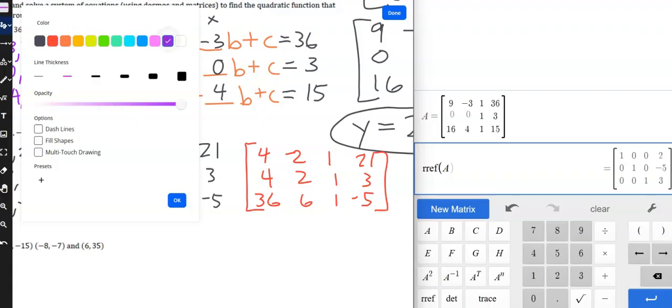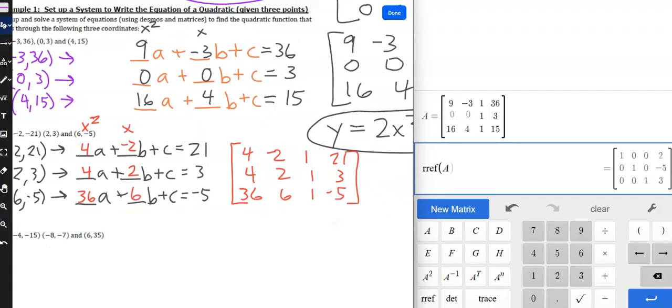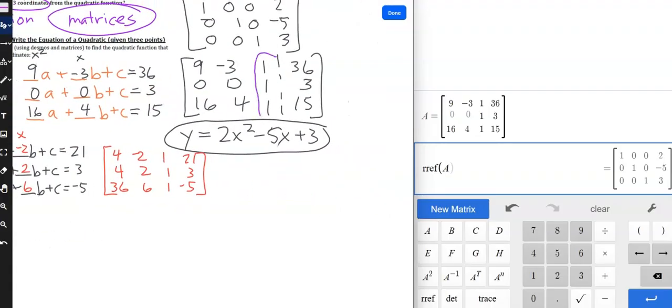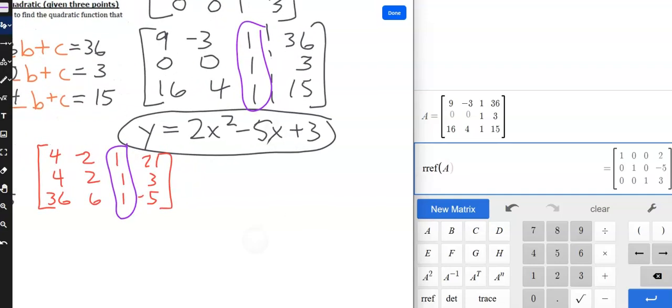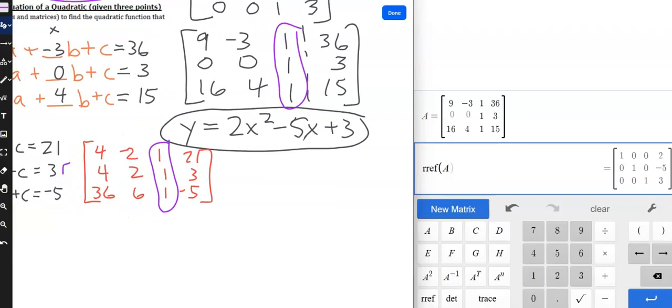Does anybody recognize something going on in this column right here? That's kind of interesting. So now we're going to do the RREF for that and get our new matrix, and then we will know what to put in front in those 3 spots.